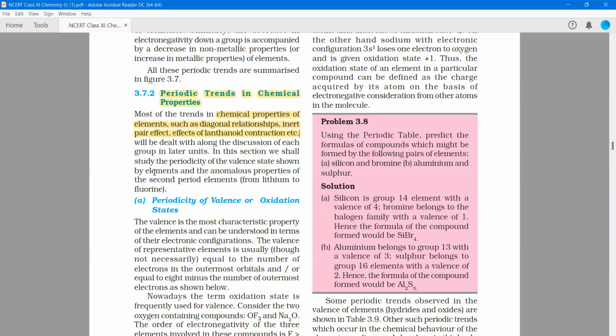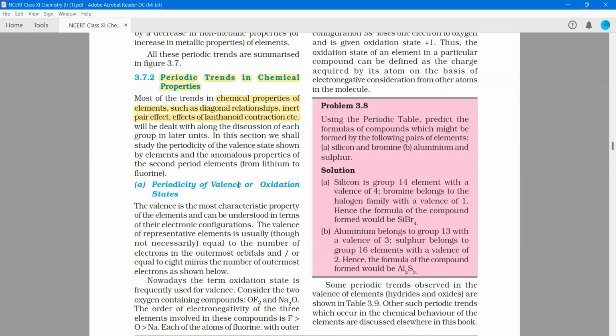There is some anomaly and there have to be some exceptions. If I am saying that going down the group some property, like a physical property, is increasing, it doesn't mean that it will increase for every group. So there are some anomalies and exceptions, and those exceptions we also need to learn because they are important.